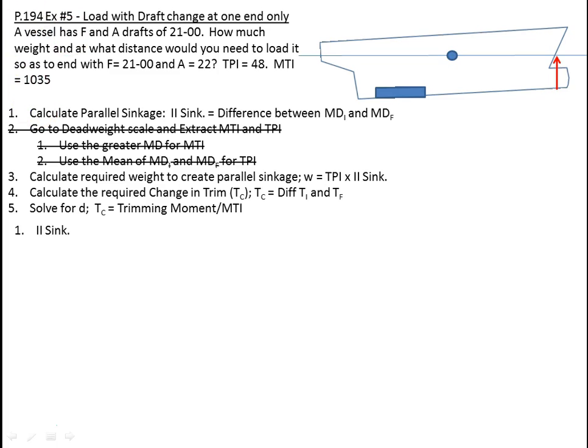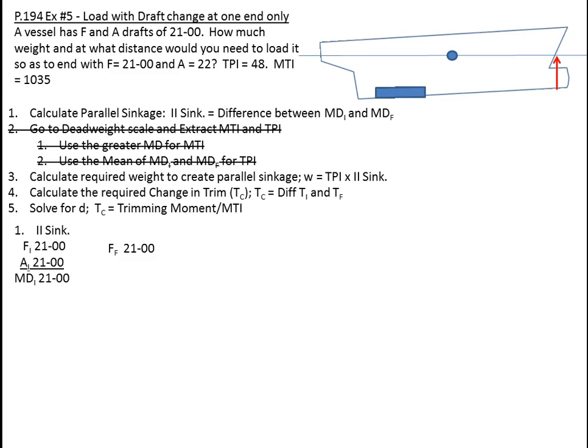So we need to calculate the initial mean draft and the final mean draft. So the initial mean draft, well, if we're on an even keel, the mean draft is 21. Everything is 21. That's assuming there's no hogging and sagging. Well, what is our final mean draft?